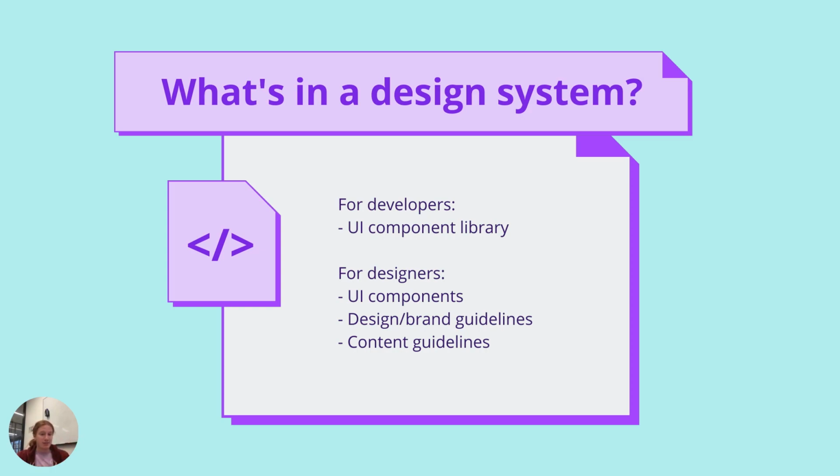They'll have specs of the buttons and guidelines around how to use each component. They often have general design and brand guidelines, thinking about what colors, fonts, and spacing the designer should use when making a user interface. And then they'll often have content guidelines about how people should write when they're creating user interfaces: the tone, the grammar, all those types of things.